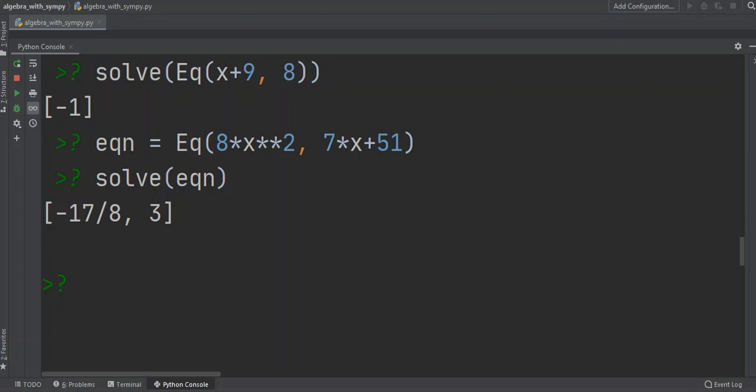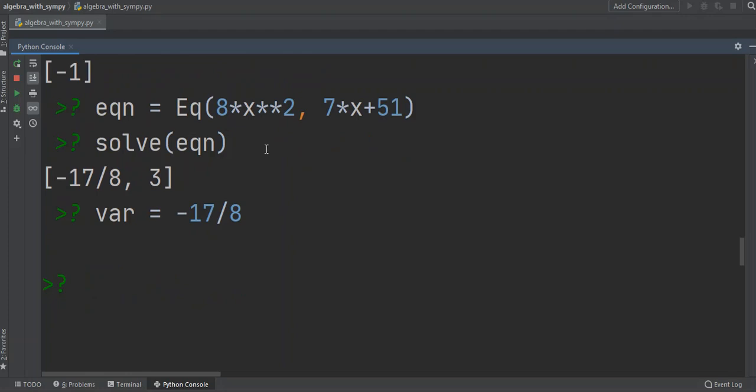And did this work? Well, we can try it by plugging it in. Let's check it by making a variable called var, negative 17/8. So now we have our variable, and it's going to just equal one of our solutions here, negative 17/8. And let's just plug it into what this equation was for every time we had x here.